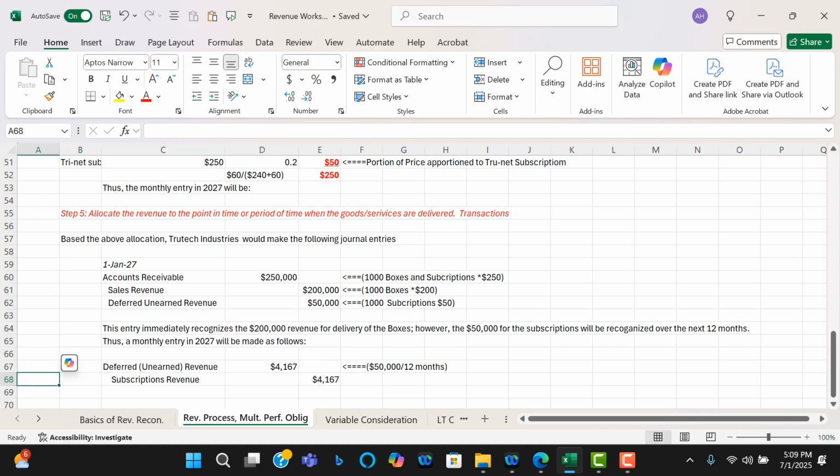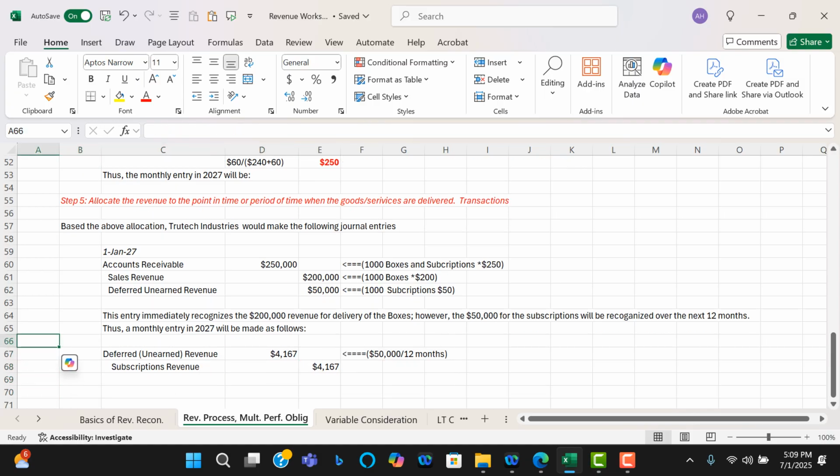And keep in mind that this is a monthly entry made in 2027 for the next 12 months. So this is an entry you're going to repeat for 12 months until you recognize 4,167 times 12, or $50,000 in revenue. And when you make this debit right there 12 times, you will have written off the deferred, unearned revenue account.